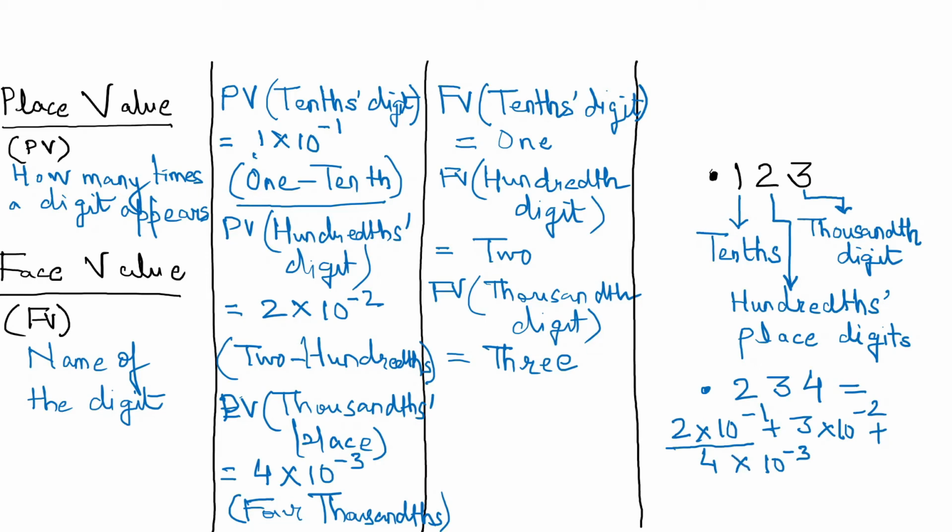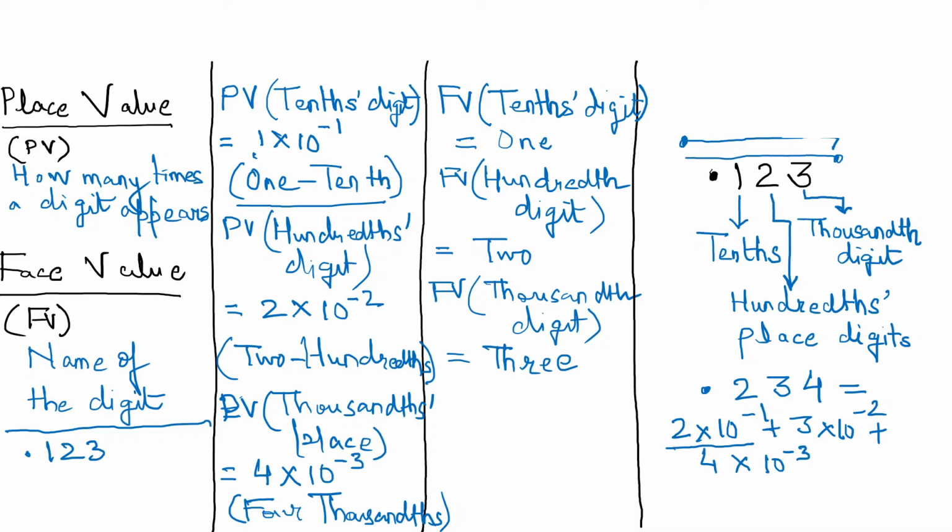So for example, if I had written 0.123, naturally for writing the number 0.123, we would go from the left hand side to the right hand side. But when you are writing down its expanded notation, it is preferred that you write it from the right hand side to the left hand side.